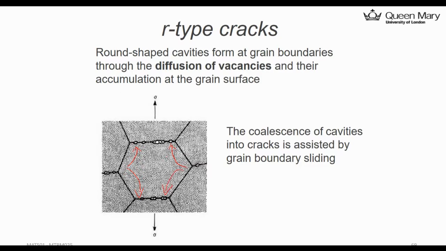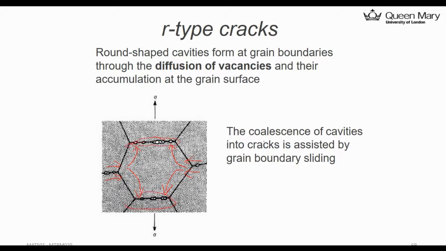Here you form some kind of void or cavity, and the atoms will move to here. And here it becomes thicker, but here there are some vacancies. So some cavity is formed like that.